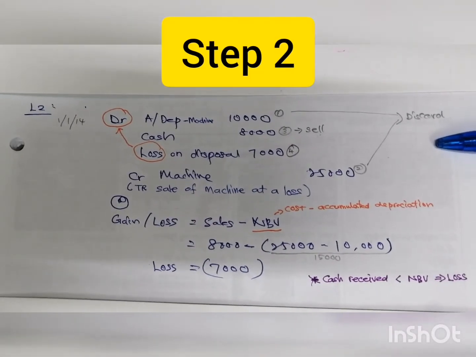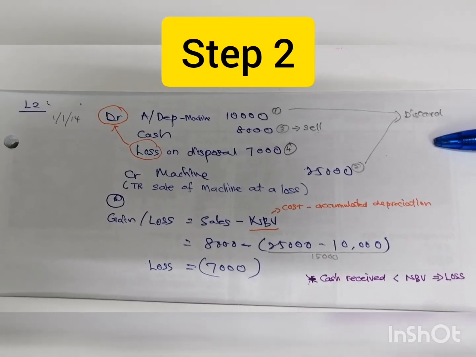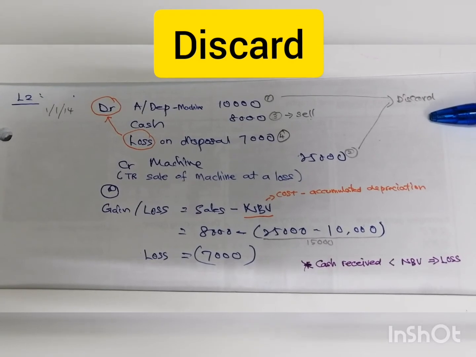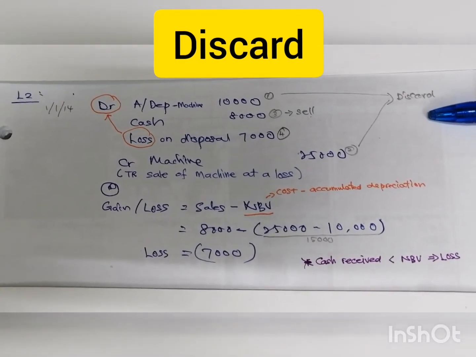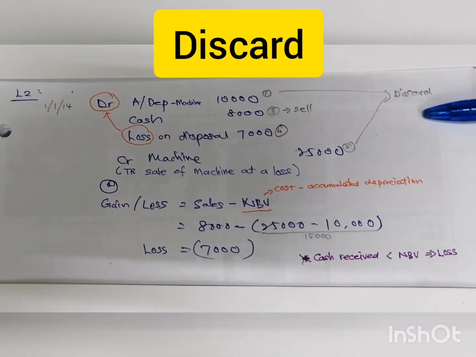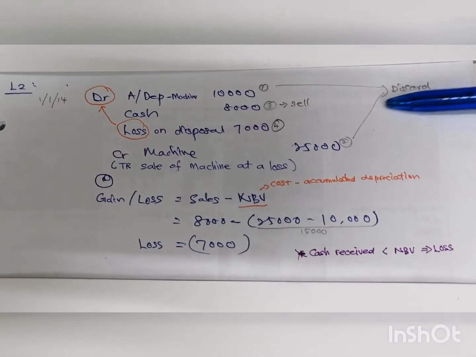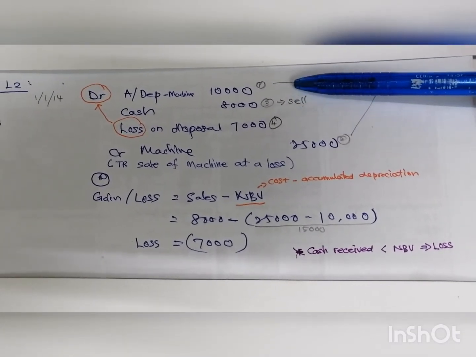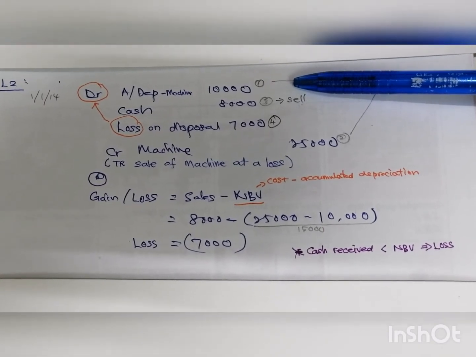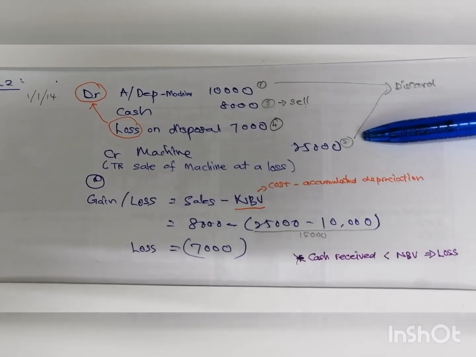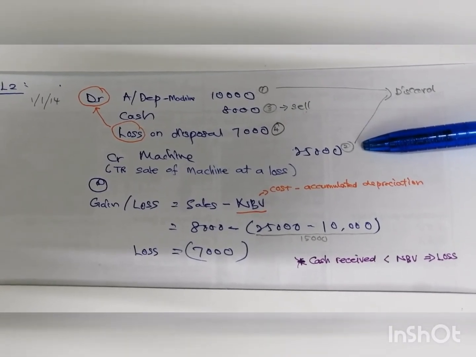Step 2, journal entry. Before we do any further journal entry, we shall discard the machine, discard the asset before we do the further record for journal. So we shall debit accumulated depreciations for machines 10,000 and credit machines for 25,000.